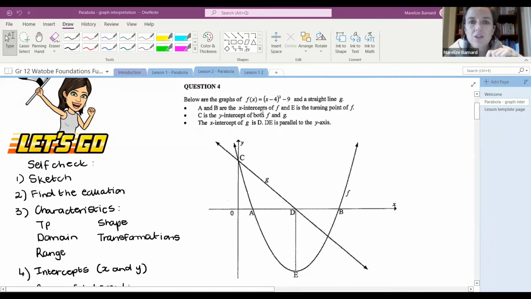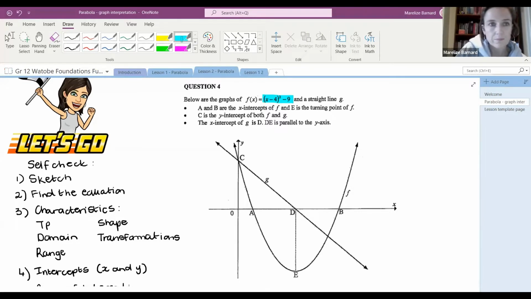Okay. So let's start here for question 4. Below are the graphs of f of x is equal to (x minus 4) squared minus 9 and straight line g. Already we have to recognize this straight away as a parabola, and the parabola is in its turning point form.